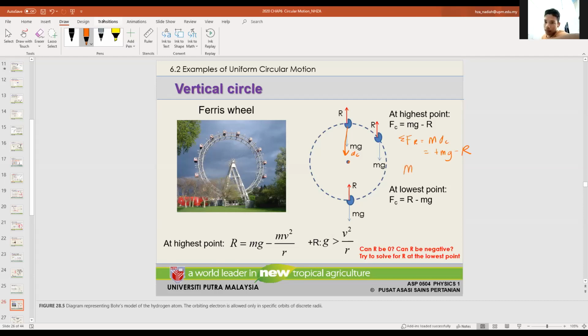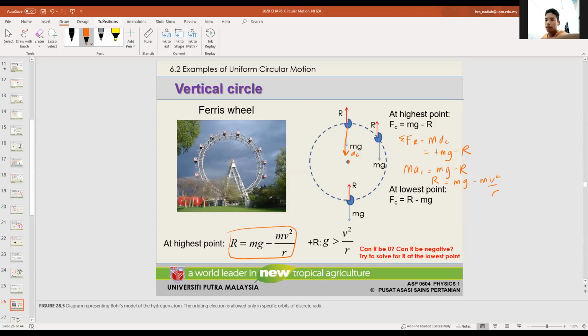So now my equation becomes MAC equals to mg minus R. If I rearrange this, R equals to mg minus MAC, or mv squared over r. Betul tak? Okay, betul. So here, dah tulis sini: R equals to mg minus mv squared over r.